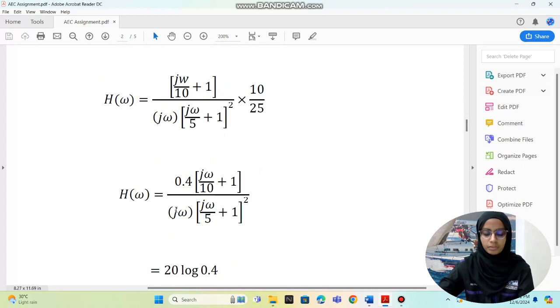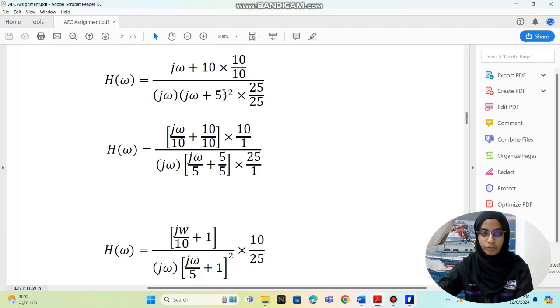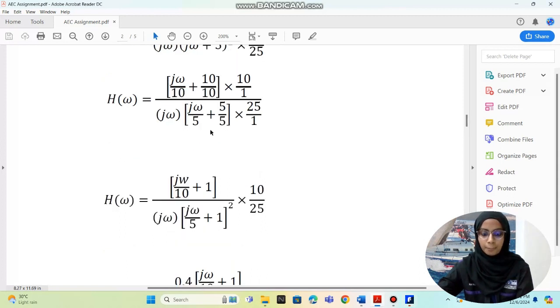Second one, the denominator (jω + 5) squared. The square is stated for decrement magnitude twice. It is negative 40 dB at the pole. So (jω + 5) becomes 5 times 25, because 5 squared is 25.